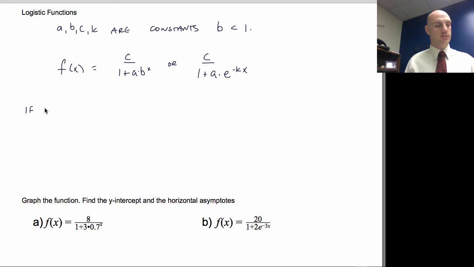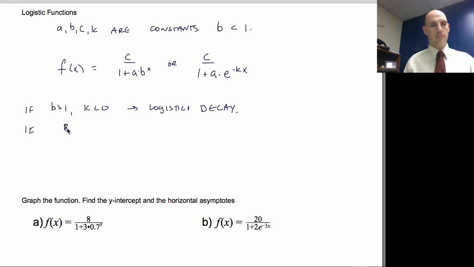A couple of notes. If b is greater than 1 and k is less than 0, this is a logistic decay.